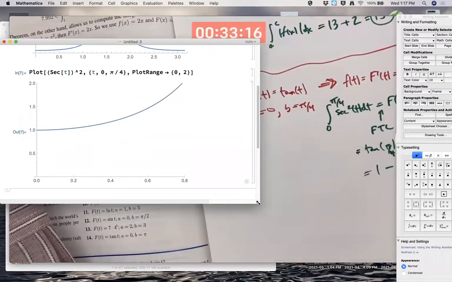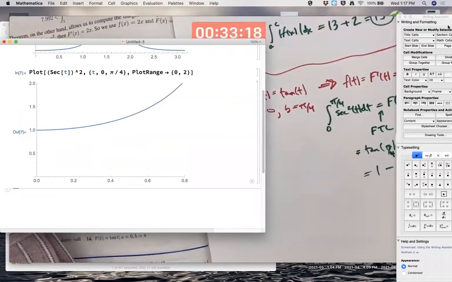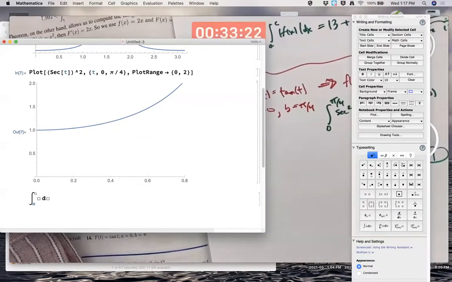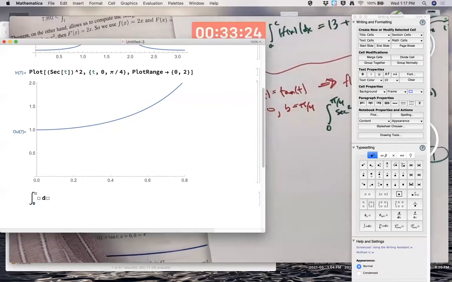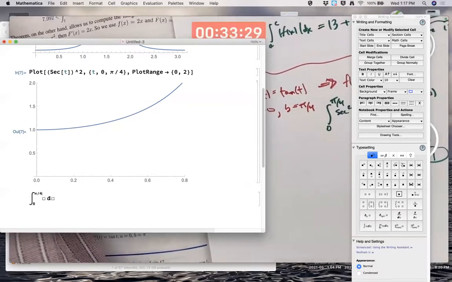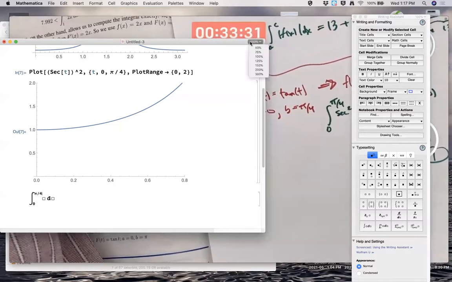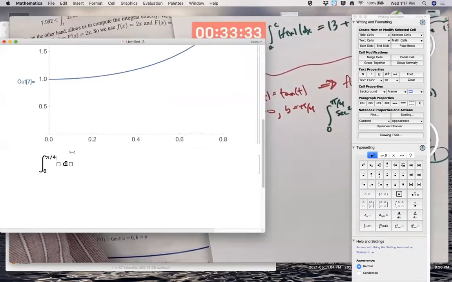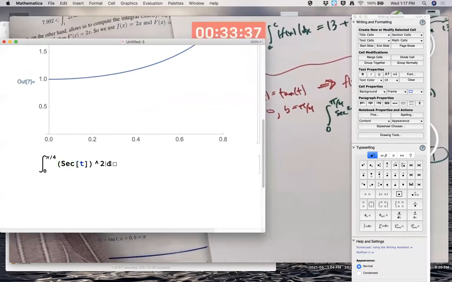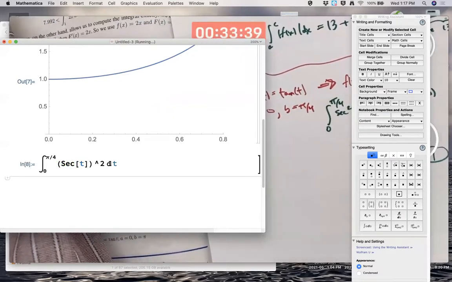Let's check it with Mathematica. Use your writing assistant here. Press the integral button. Go from 0 to pi over 4. You can make a pi by doing escape, p, escape. I just integrated secant of t, quantity squared, dt. This should equal 1.